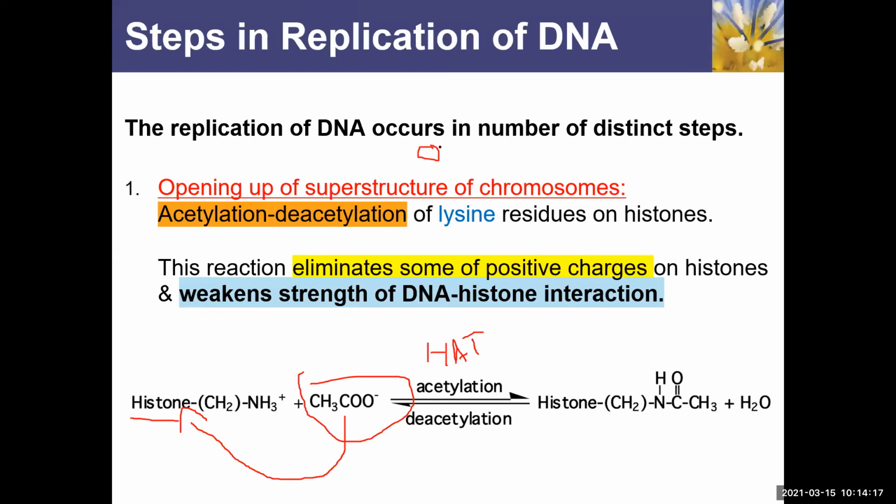Did you all understand this? Why do we do acetylation? We are not doing this; it is done by the cell, so that the supercoiled structure of the chromosome can be uncoiled, and we can have a simple double helix structure of the DNA. How many of you did not understand this? Is it clear to everyone?